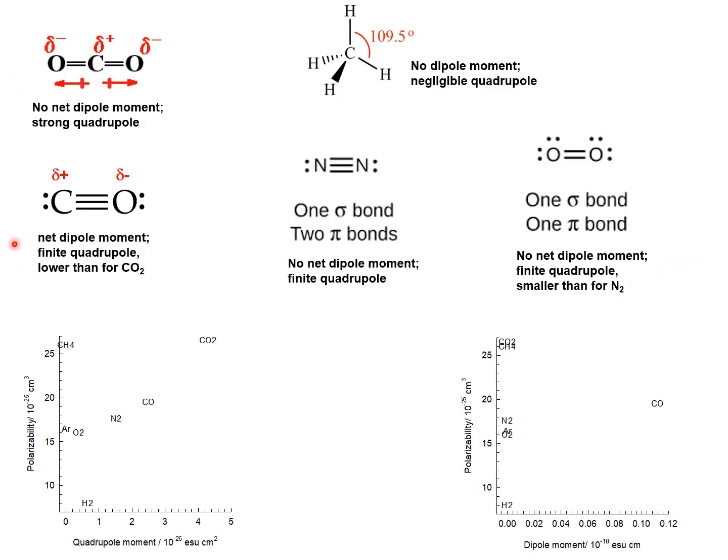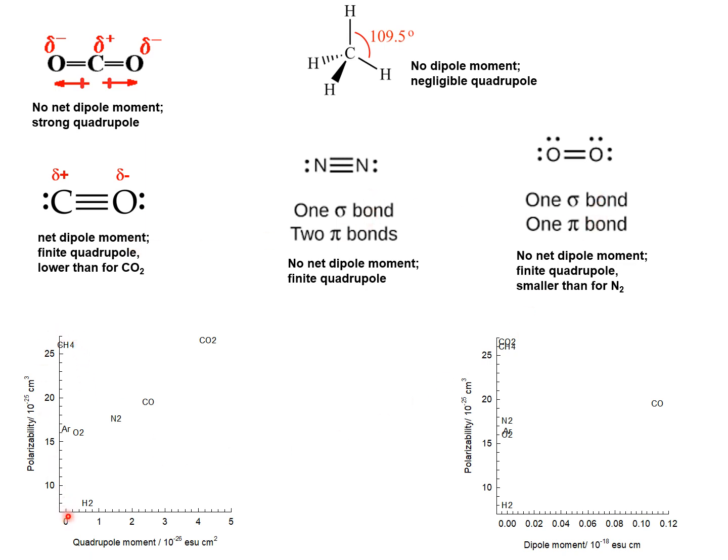Let us examine the key properties such as polarizability, dipole moment, and quadrupole moments of gas molecules such as carbon dioxide, methane, carbon monoxide, nitrogen, and oxygen.